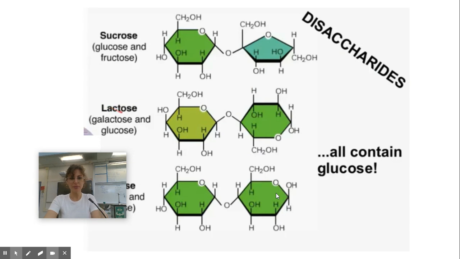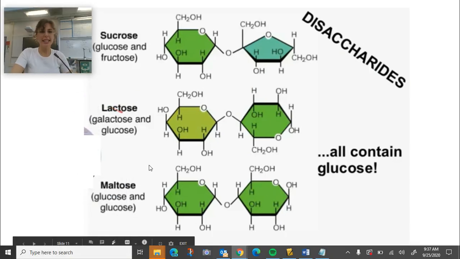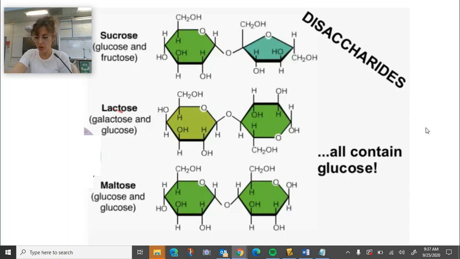So, let me get out of the way again. These are the important disaccharides that I want you to remember, okay? If you look at your notes, and let me just make sure I'm with you here, for monosaccharides it says quick energy monosaccharides.